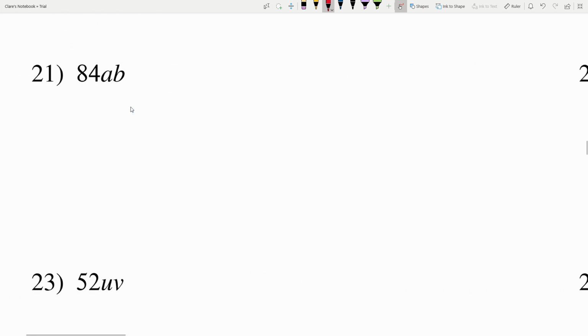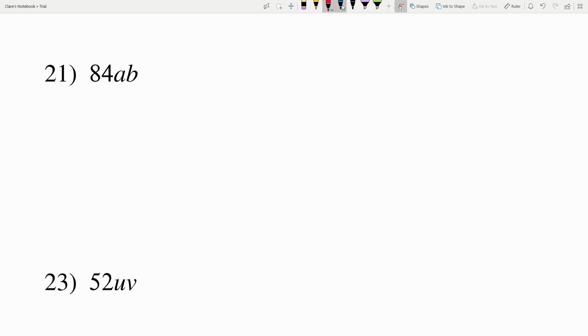In number 21, I have 84 times AB. There's no other way to simplify AB, so those will stay as is, but 84, I'll start by dividing that by 2. 2 times 42 times A times B is 84AB. Now 42 is divisible by 2 again, but as opposed to dividing it by 2, I'm just going to split it up by factors bigger than 2, which is 6 and 7.